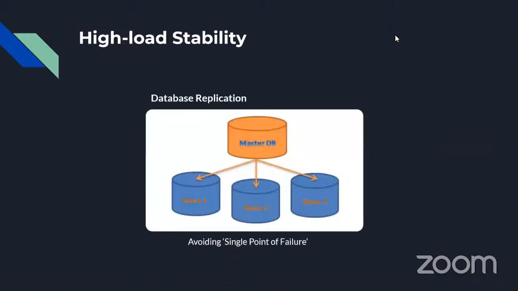Then we go to high load stability. They also said it's the most important for them. Some results could be taken from benchmark testing here as well. But also they have database replication, though it's not there by default.